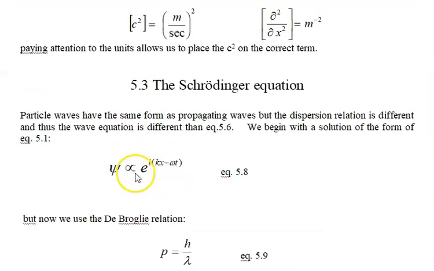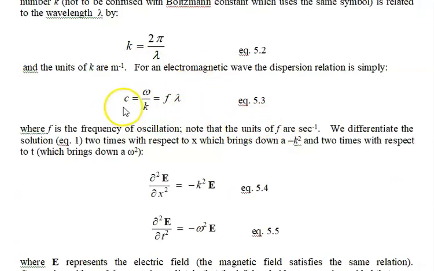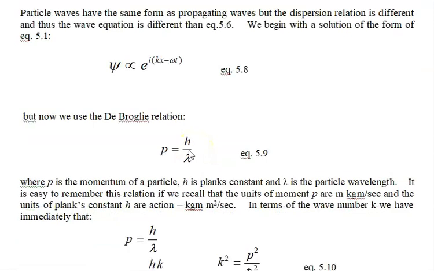For the Schrodinger equation, instead of having time or spatial variation, we have this thing called the wave function. And instead of this relatively simple equation, velocity equals distance divided by time, we have the de Broglie relation. The de Broglie relation says that the momentum is equal to Planck's constant divided by lambda, the wavelength.